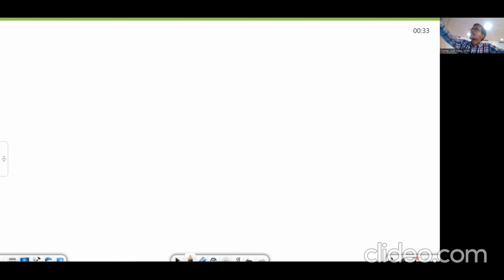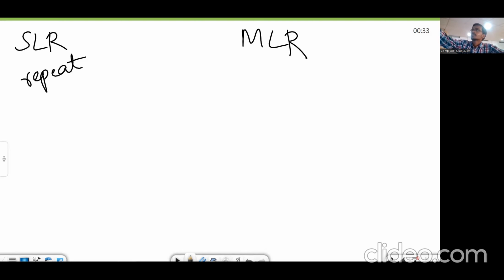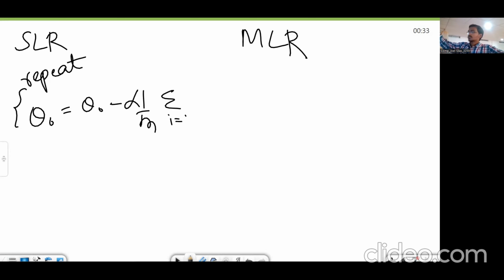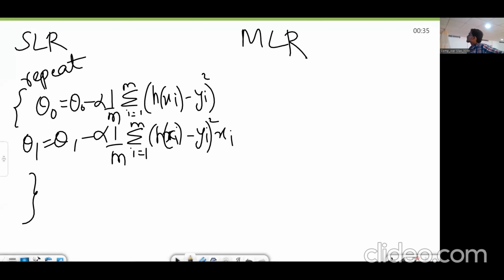Again, let us see the formula in a little more detailed manner. Here we will repeat for j from 1 to n. So this is the gradient descent algorithm for simple linear regression.